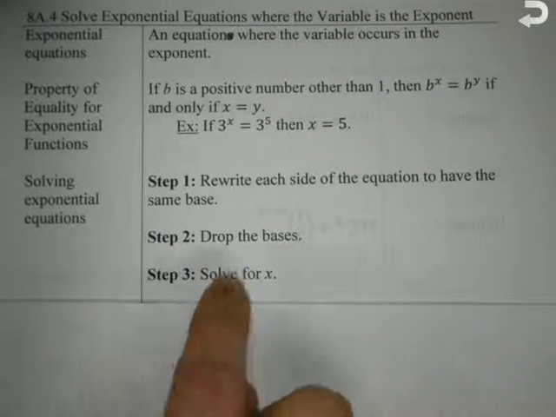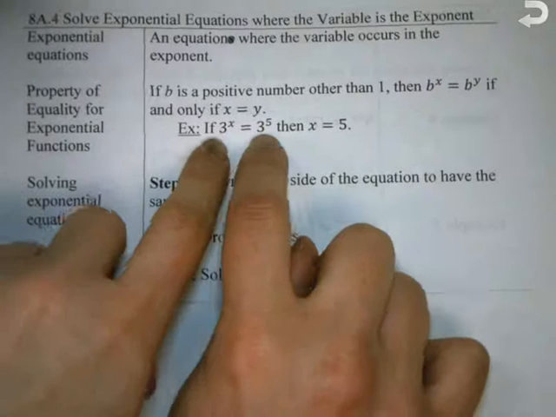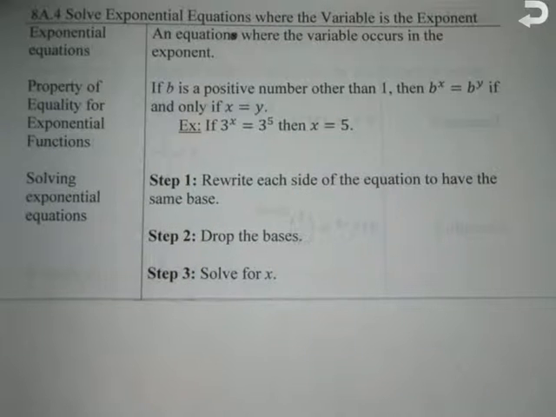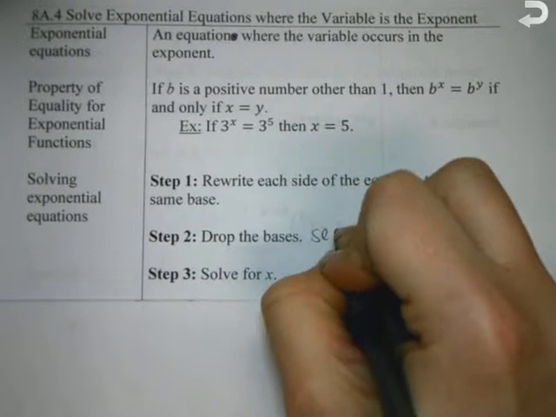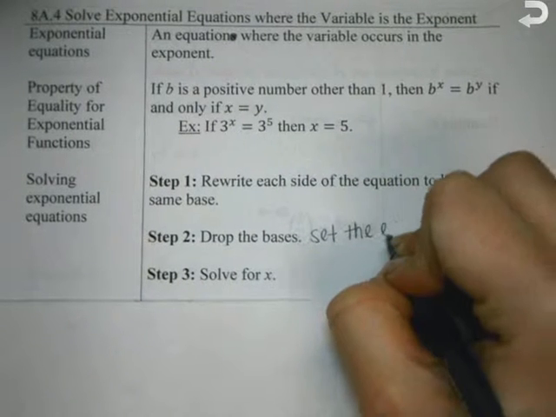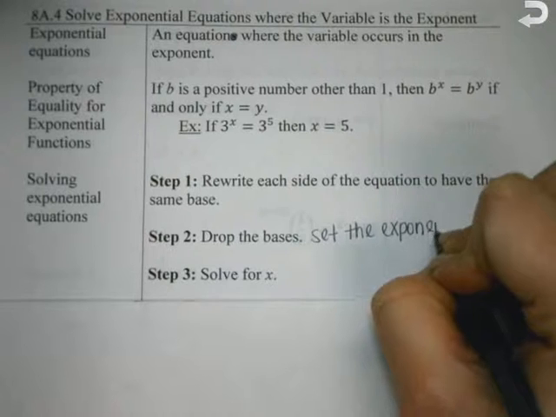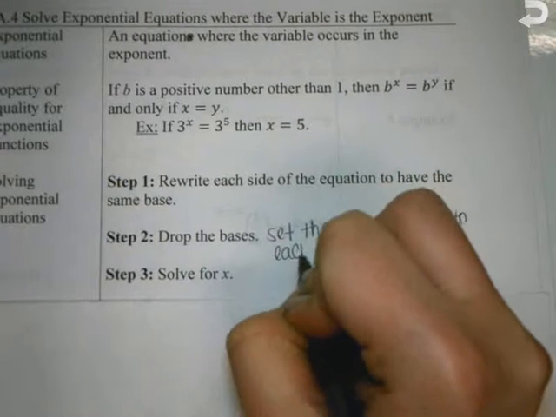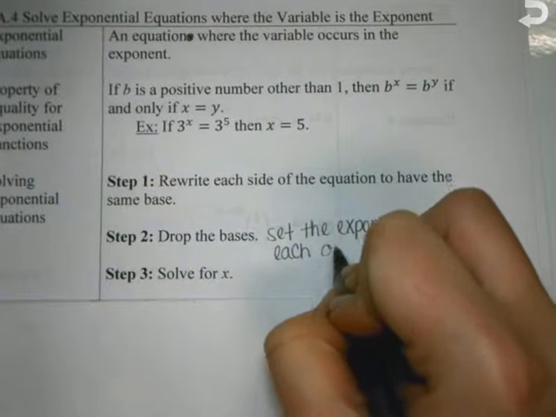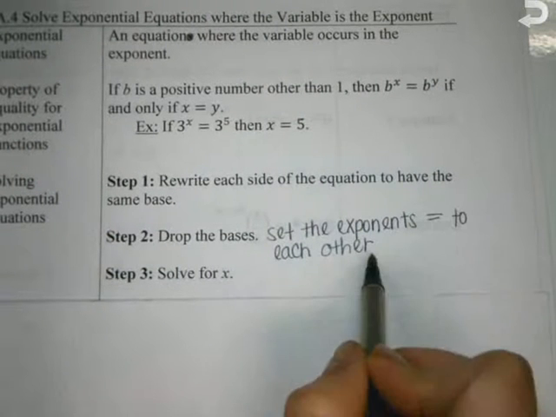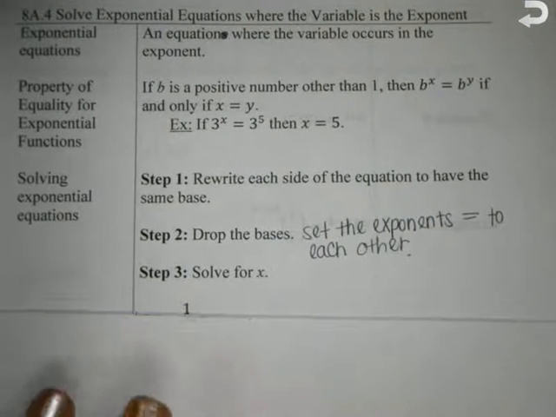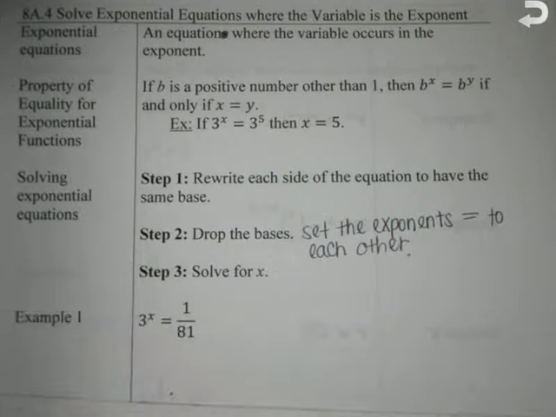After we have the same bases, we can drop the bases, or set the exponents equal to each other. It's the same thing. And then we can solve for x. Those are the steps that we follow, and it's not going to be too bad. So let's look at example 1.